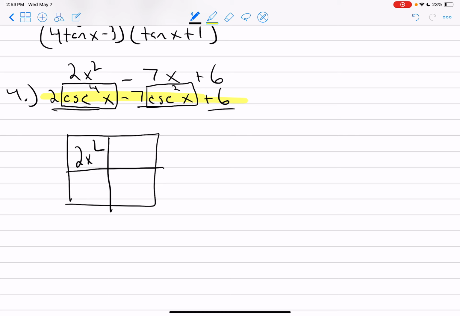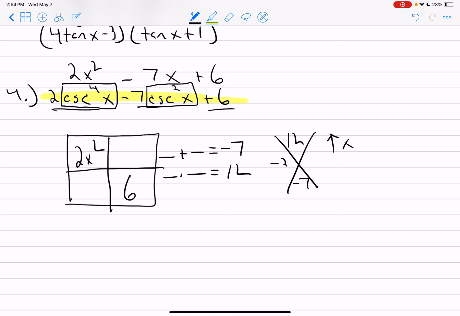So let's see. 2x squared, that's a 6. Blank plus blank has to equal negative 7. Blank times blank has to equal 2 times 6, which is 12. Multiply to 12 and add to negative 7: negative 3, negative 4.